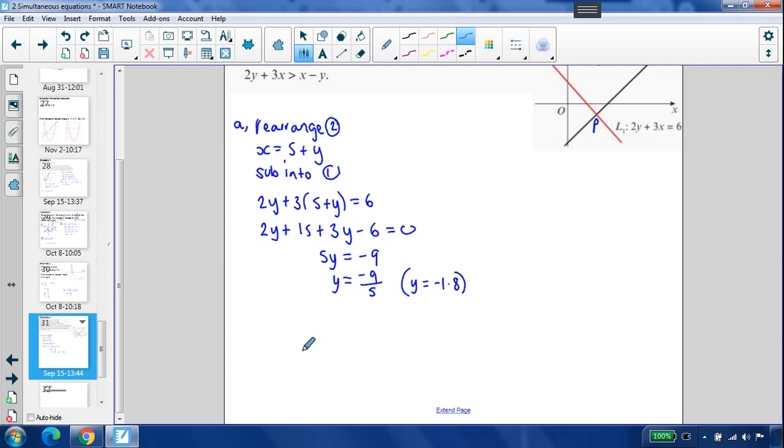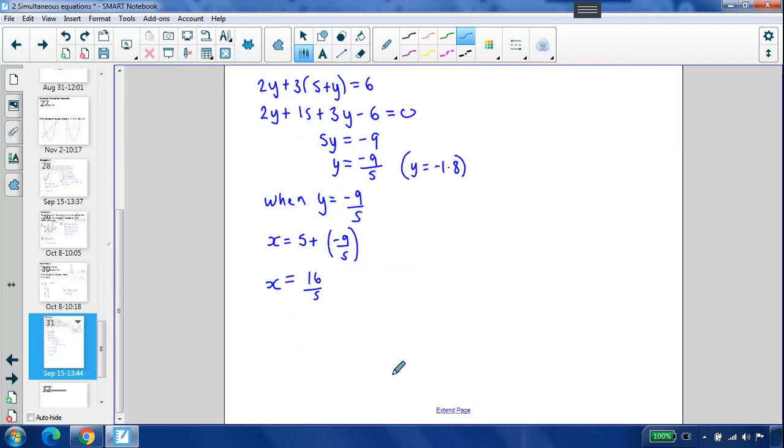Now I'm going to find what x is. So when y is minus 9 over 5, x is equal to 5 plus minus 9 over 5. And that is going to become 16 over 5.